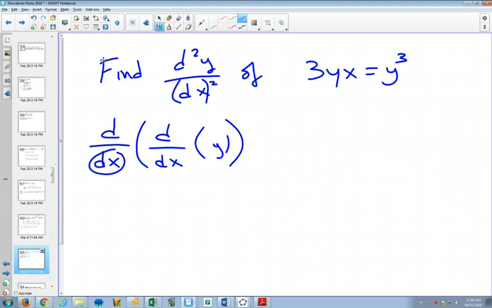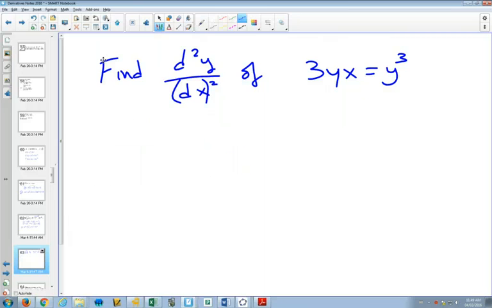So here we have this implicit differentiation. On the left side, do you see that you have the product rule? And the product is right here. One function is 3y, the other function is x. So we keep the first one the same, derivative of the second one, which is just 1, plus keep the second one the same, derivative of the first one will be 3 dy dx.